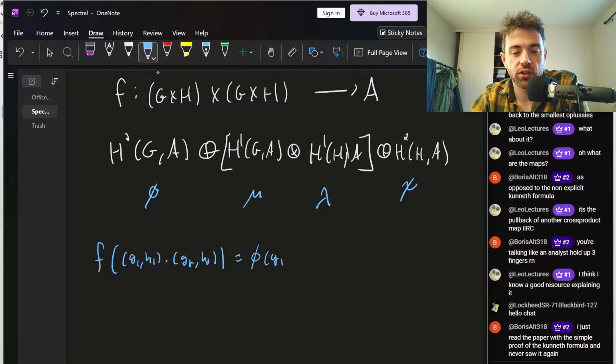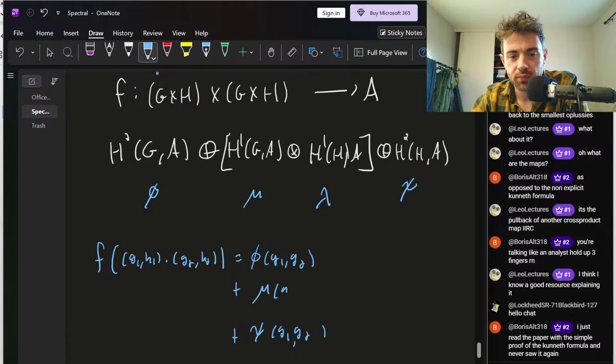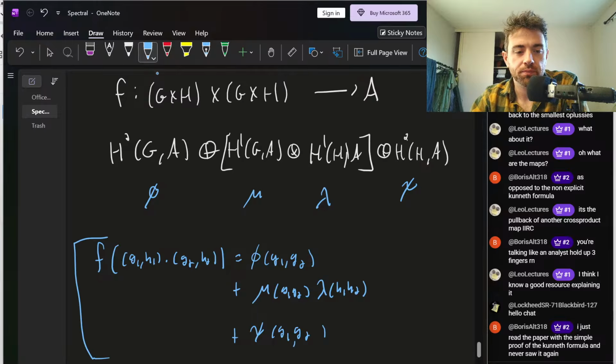My guess here would be that you get phi(G1, G2) and psi(G1, G2). But then what happens for this middle term? Mu of which of the g's? Do you multiply the g's together? Is it mu(G1, G2) times lambda(H1, H2)? That would make sense.